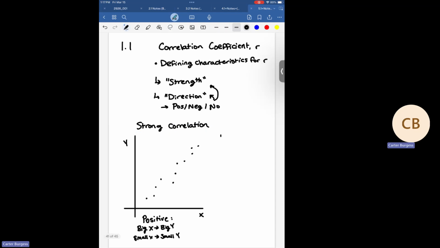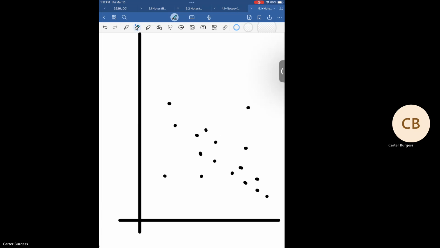Okay, let's take a look at another one here. What would we say about this correlation?